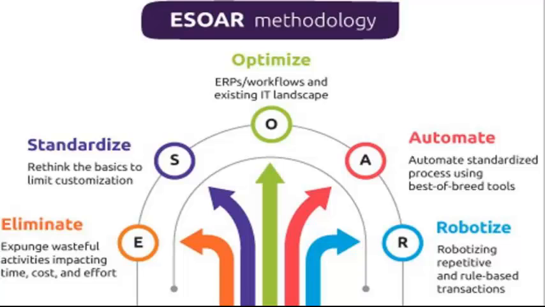So the AI methodology is to standardize what needs to be eliminated and to optimize the workflow with the help of AI-powered devices. And of course, at the end of the day, after standardizing and optimizing the solution, we put in place the automation, where we try to make things work based on the AI solutions.